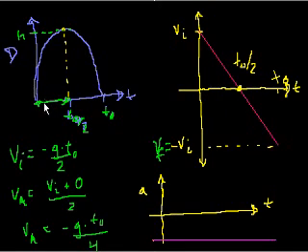Remember, this is only the average velocity over this time period. The average velocity over the entire time period t sub naught is actually 0, because we start and end at the same place. This is an interesting point about how speed and velocity are different. You're probably thinking, hey Sal, how could the average velocity over the entire time be 0 when the ball was clearly going quite fast most of the time? Well, that's the difference between speed and velocity.